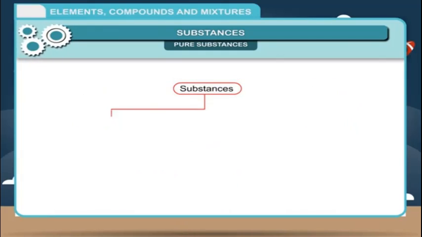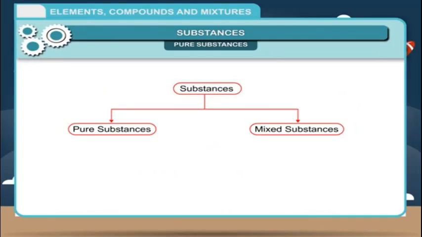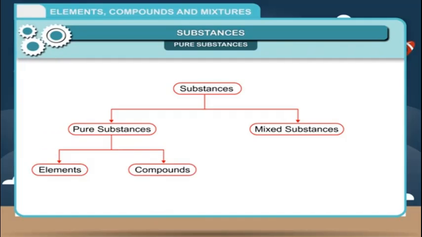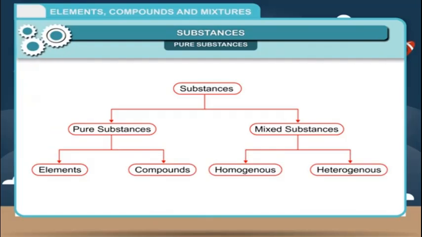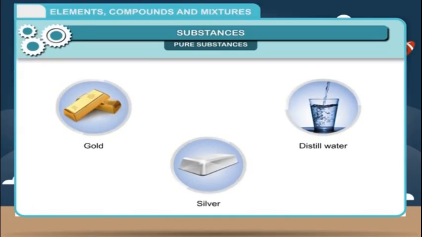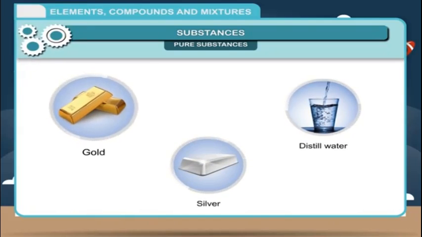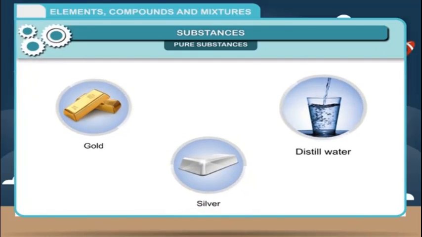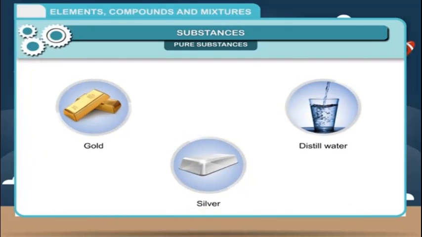Substances: pure substances, mixed substances. Elements, compounds, homogeneous, heterogeneous. Pure substance may be defined as a substance which contains particles of the same kind with same properties. Examples: gold, silver, distilled water, etc.